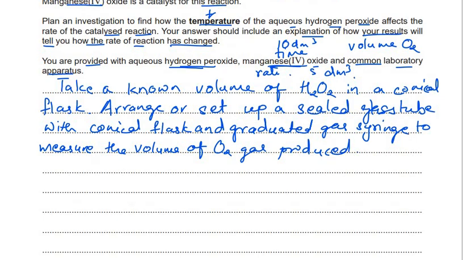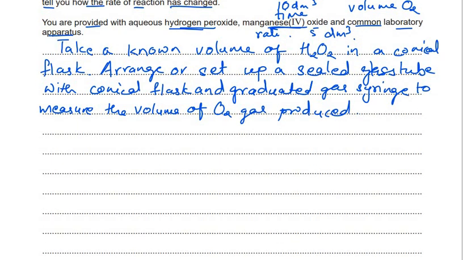Okay, this is what we have already done. Now what we are going to do next is add a known mass of catalyst manganese 4 oxide. You can write it in the whole word, but as I'm going to make it short, so it doesn't take long in the video, I'm going to write the formula.